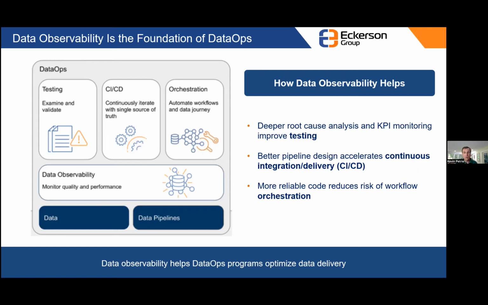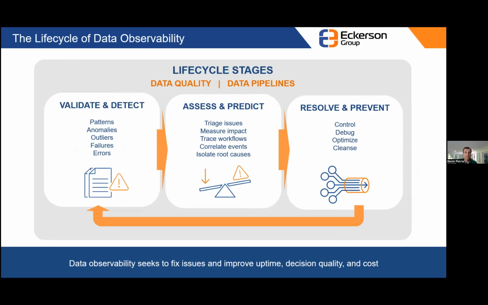If you can develop more reliable code, thanks to data observability, you can reduce the risk associated with workflow orchestration. You have higher confidence that a given workflow is going to perform as expected and meet reliability SLAs, and thereby have effective handoffs with other workflows. So data observability really helps data ops programs optimize data delivery.